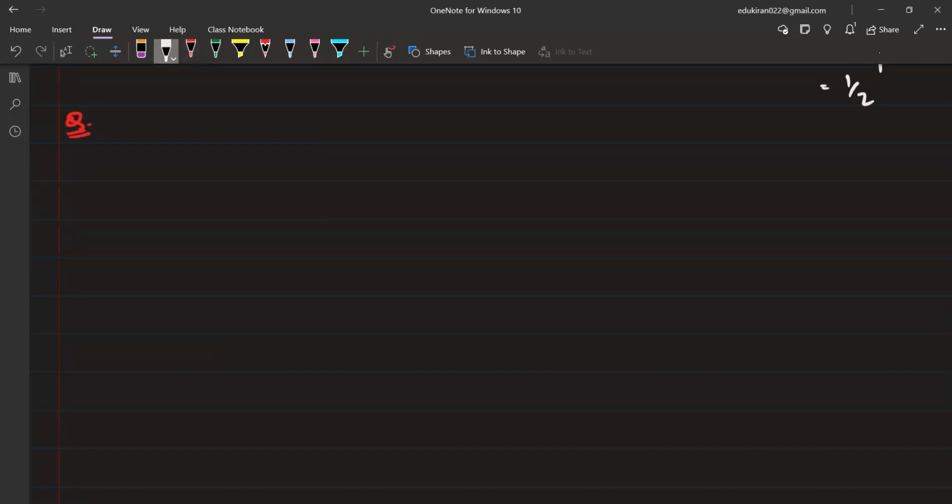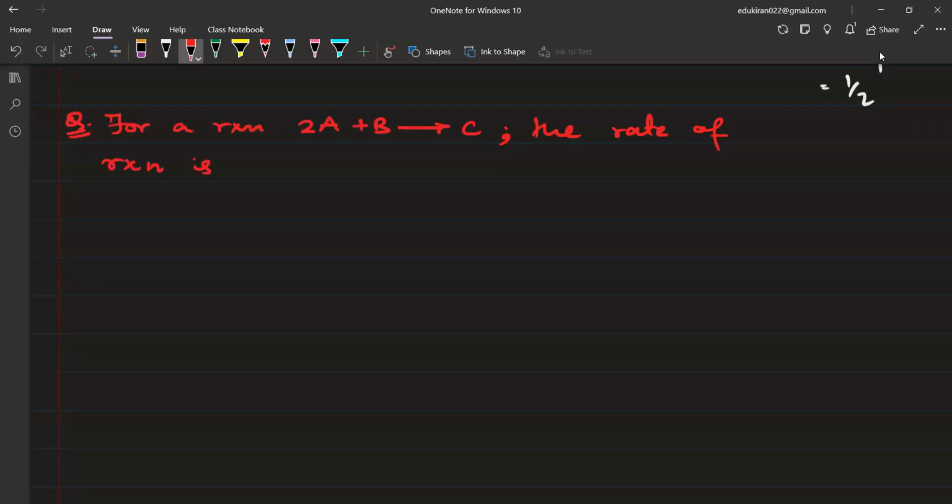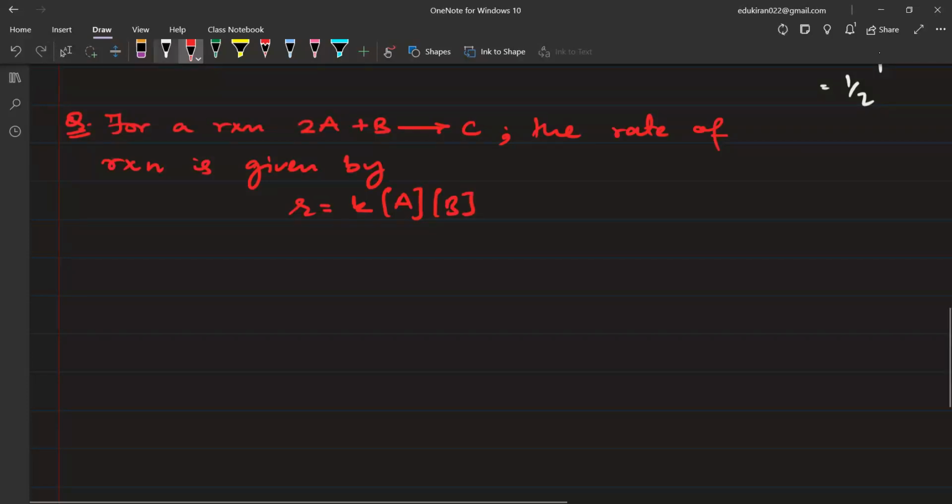For a reaction A plus B giving C, the rate of reaction is given by R equal to k into the concentration of A into the concentration of B.